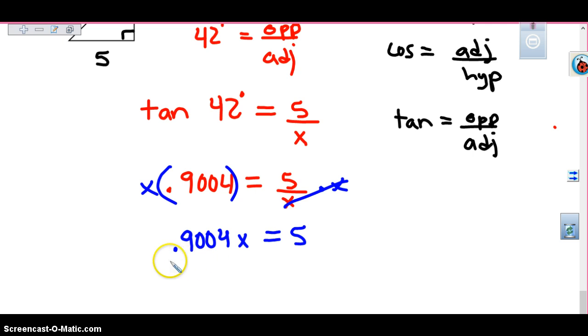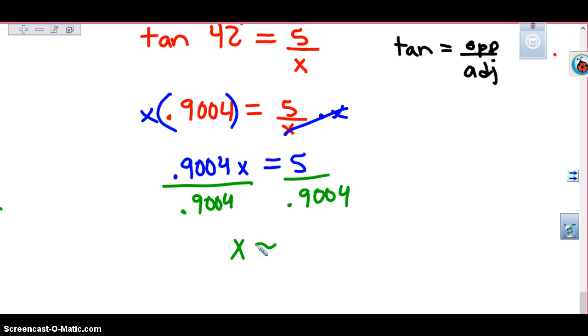Now we have to divide by 0.9004. And we get that x is approximately 5.5531. Now we can round it to get 5.6.